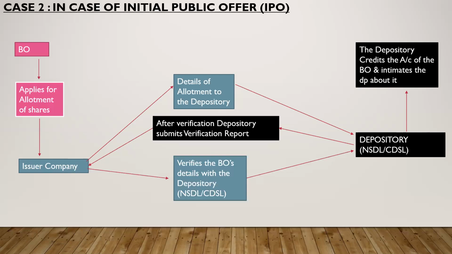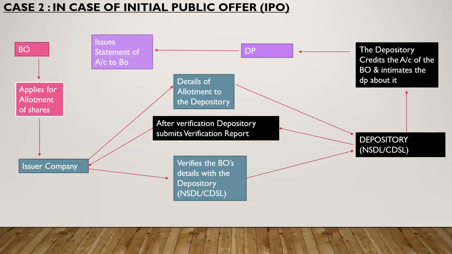Once the depository receives the confirmation from the issuer company, it credits the account of the BO by the number of shares purchased by him and intimates the same to the DP. The DP is informed because this is the person with whom Jimbo will keep interacting and talking. So the DP must be informed about it. Then the DP will issue the statement of account to the beneficial owner, that is Jimbo.